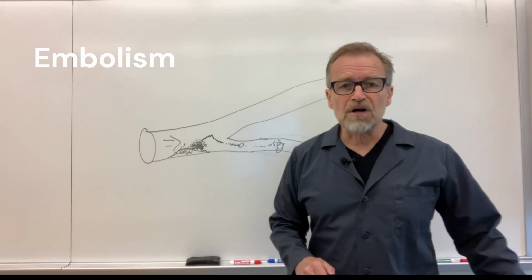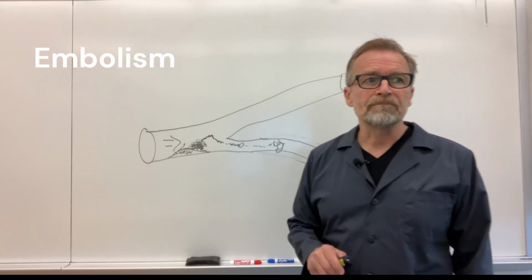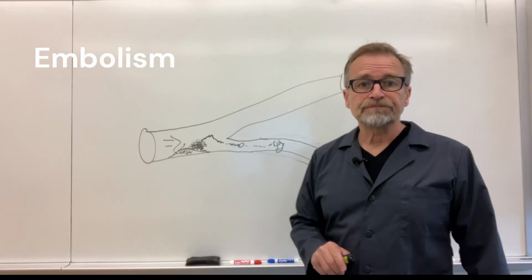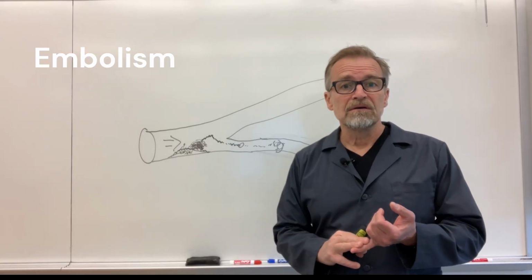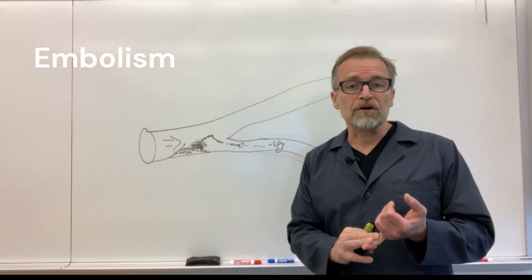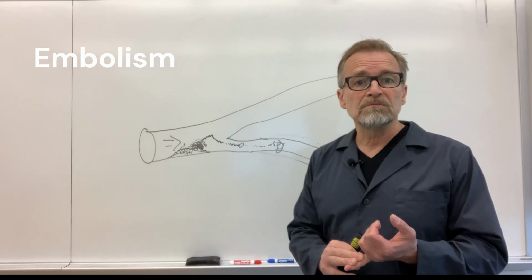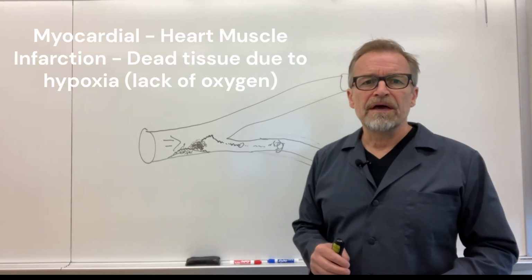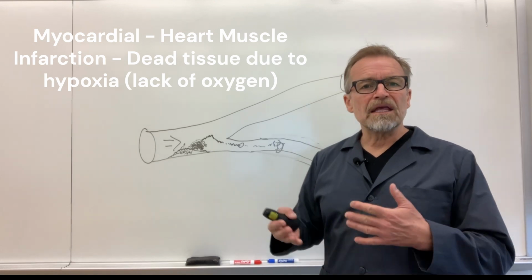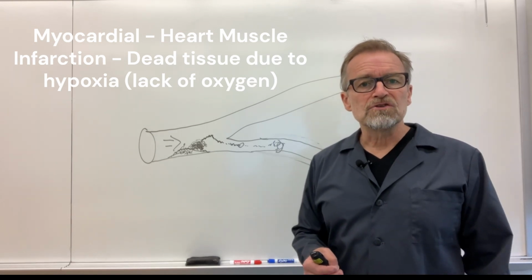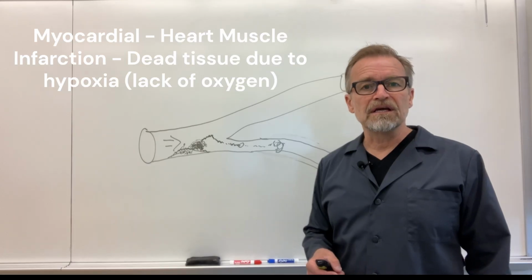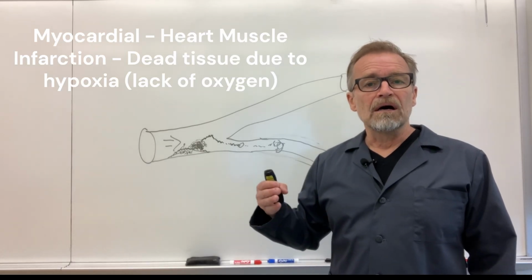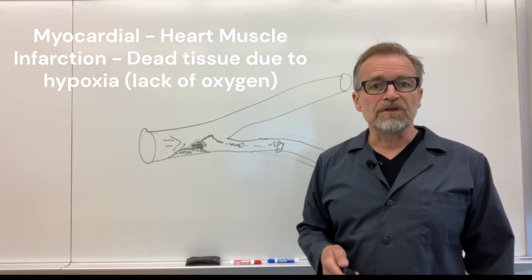What I want to do now is talk about what does that do to the circulation? Well, this can create a heart attack, what we call a myocardial infarction. Myocardial, we'll talk about this later, but that just means heart muscle tissue. And an infarction is when it's not getting adequate perfusion, so it doesn't have oxygen, and it's getting, therefore, killed or damaged as a result of that.